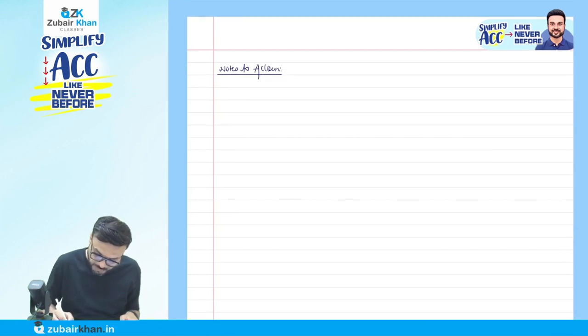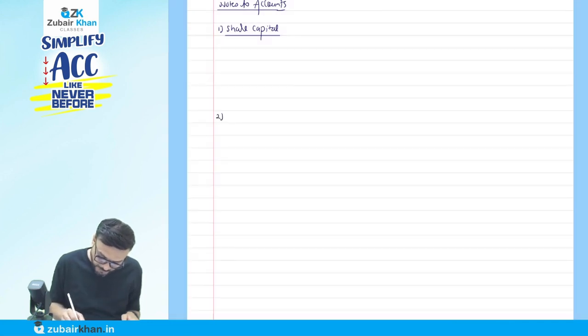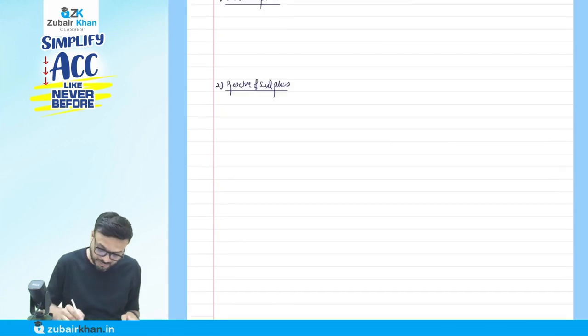First is share capital. Keep the space of 6, 7 lines. Then second, reserve and surplus. In reserve and surplus, there are more items, so keep the space of 6, 7 lines.